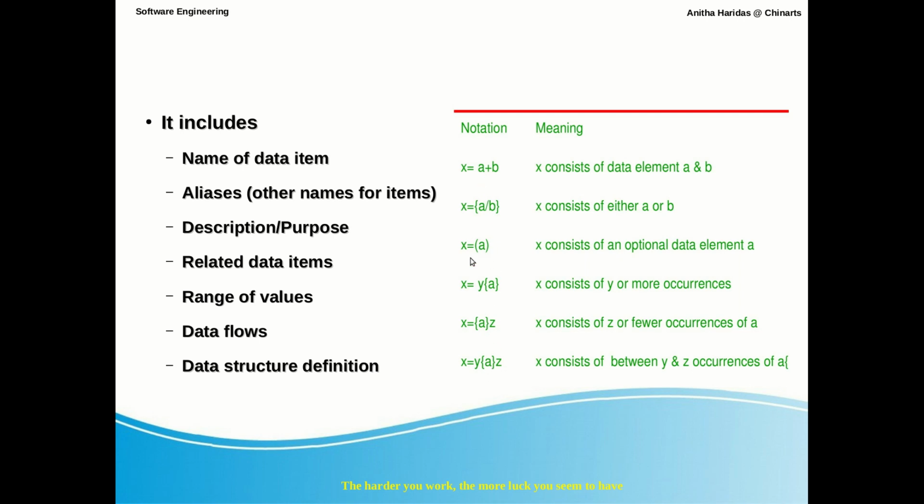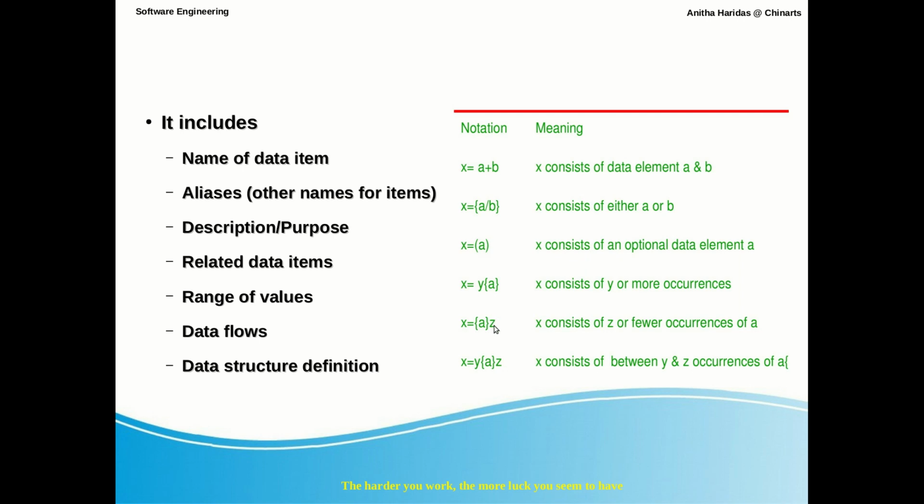Or suppose you have a notation like this, it says X consists of an optional data element A. So A may be available in X or it may not be. If you have a notation like this, it says X consists of Y or more occurrences of A. A is given in curly braces. This is occurring in X, but it may occur a minimum of Y times, and the maximum can be anything.